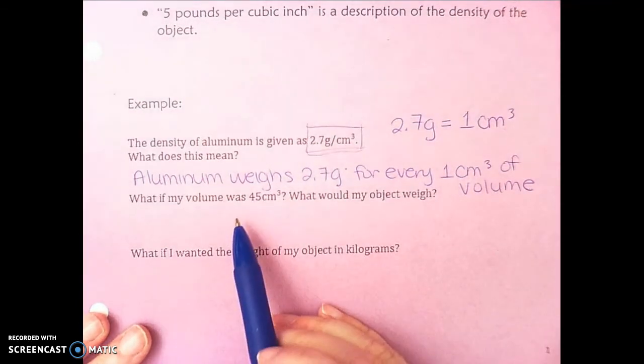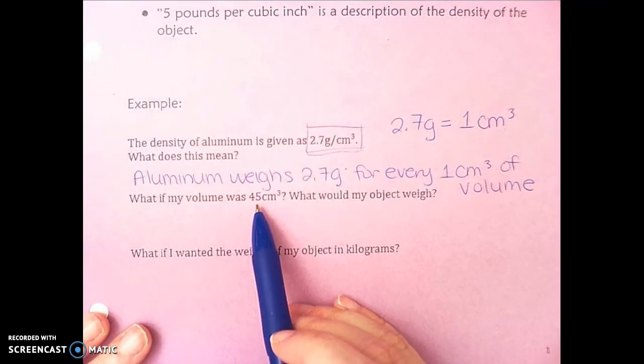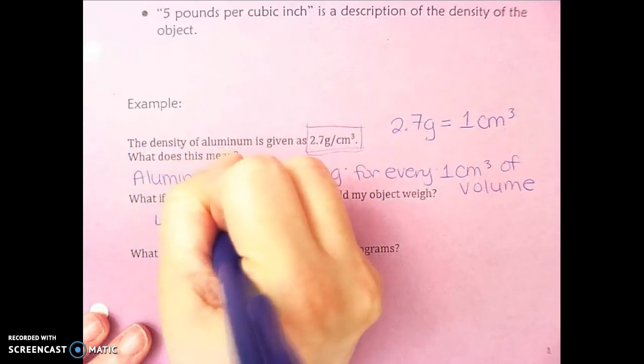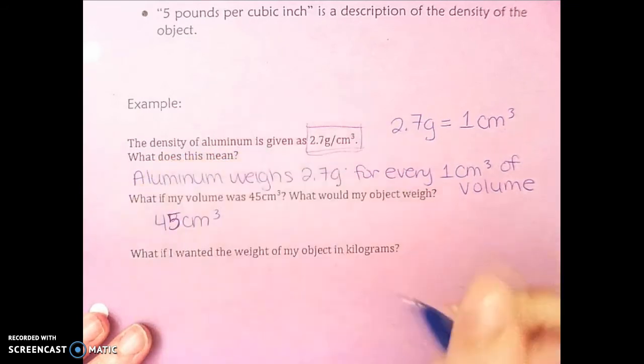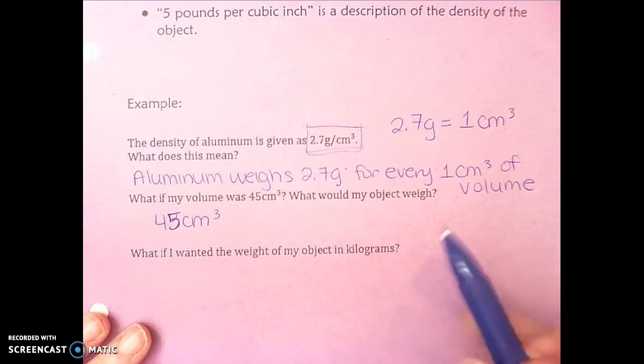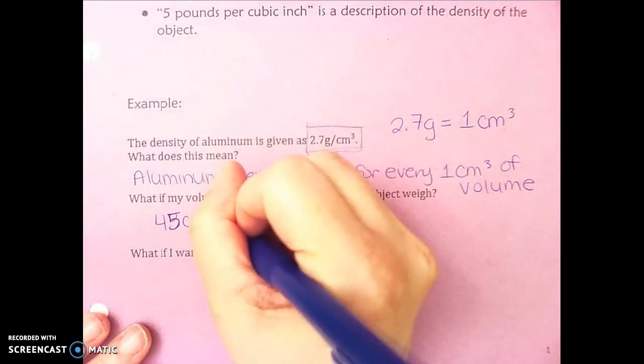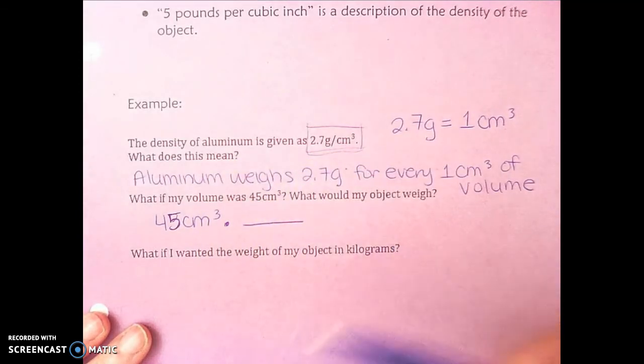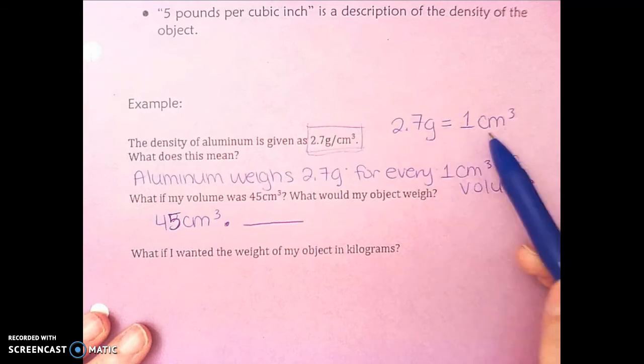So as an example, if I have a volume of 45 centimeters cubed, so let's start with that. It's 45. And I wanted to convert that into how much the object weighs. That would be grams. I'm going to set up my multiplication for my unit conversion, my multiplication with my fraction. And again, I just need to decide where to put each side of my equation.